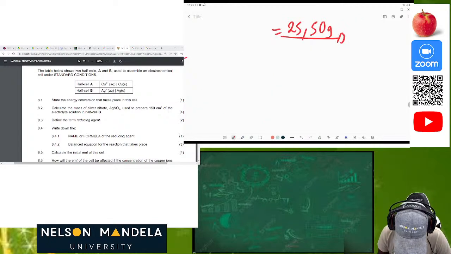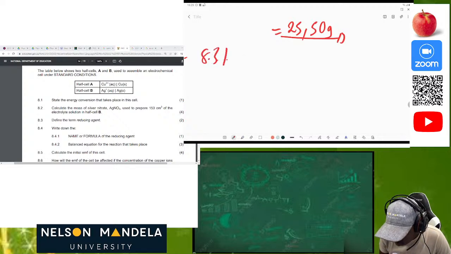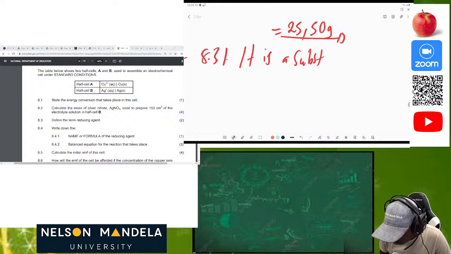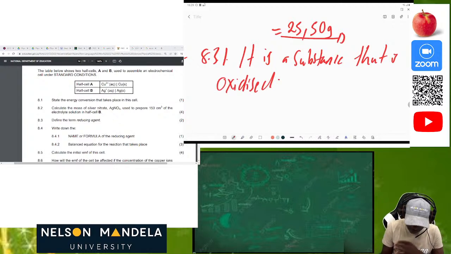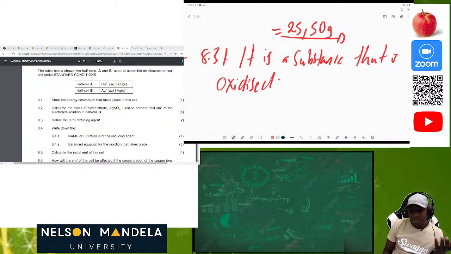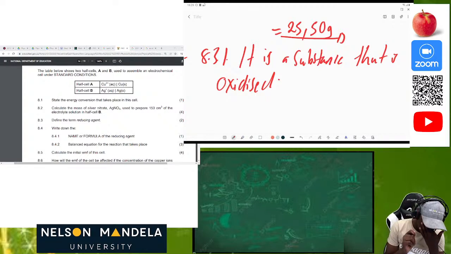Someone can also say that it's a substance whose oxidation number increases, because we say that a reducing agent works hand in hand with the oxidation. Then the next question now.